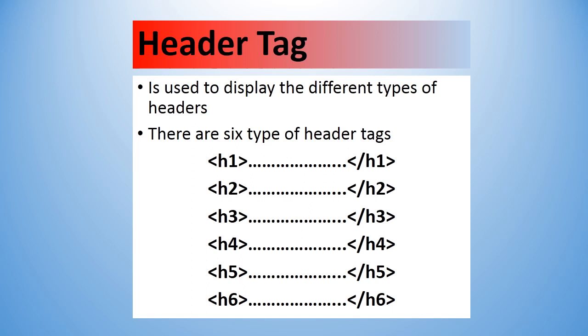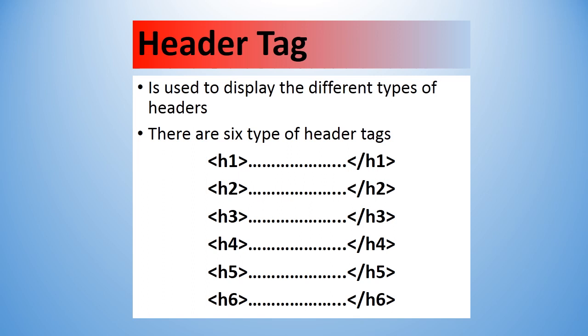What is the utility of 6 different tags, or why are 6 different tags given? The thing is, each one's size will be different. Whatever heading you write between h1 and /h1 will be displayed in the biggest font size in bold.